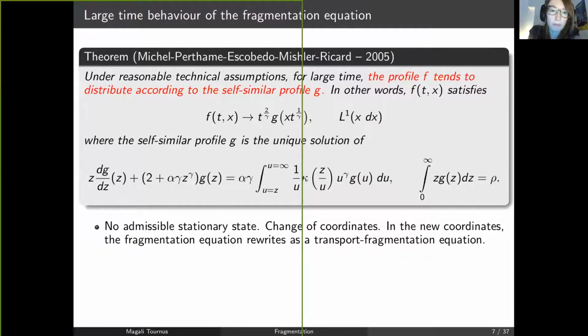If you make the clever change of coordinates, the fragmentation equation turns into a growth fragmentation equation, and then you apply the result of the growth fragmentation equation. And you have the equation, and this equation we will study later. So this equation on the asymptotic profile G, this is the stationary equation that I wrote here.